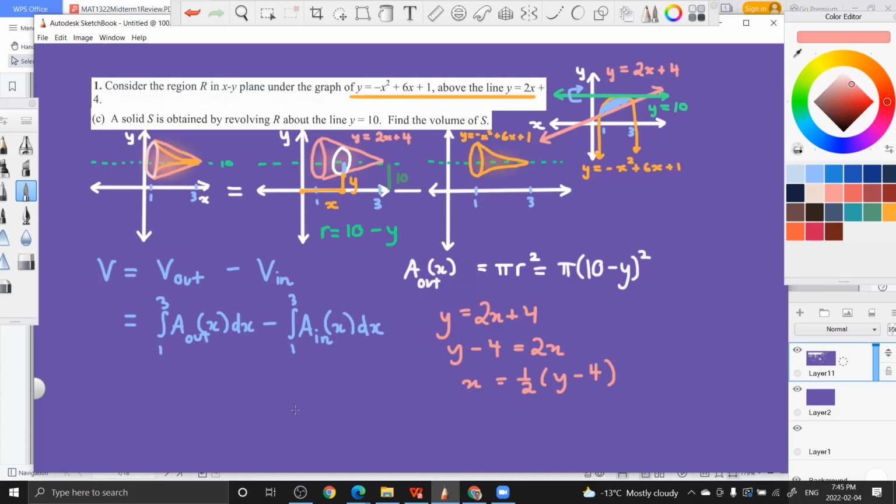Let me see the questions in the chat. Oh yeah, you're absolutely right. I don't have to solve for x. I just got confused myself there. You can just substitute y equals 2x plus 4. Yeah, sorry about that.